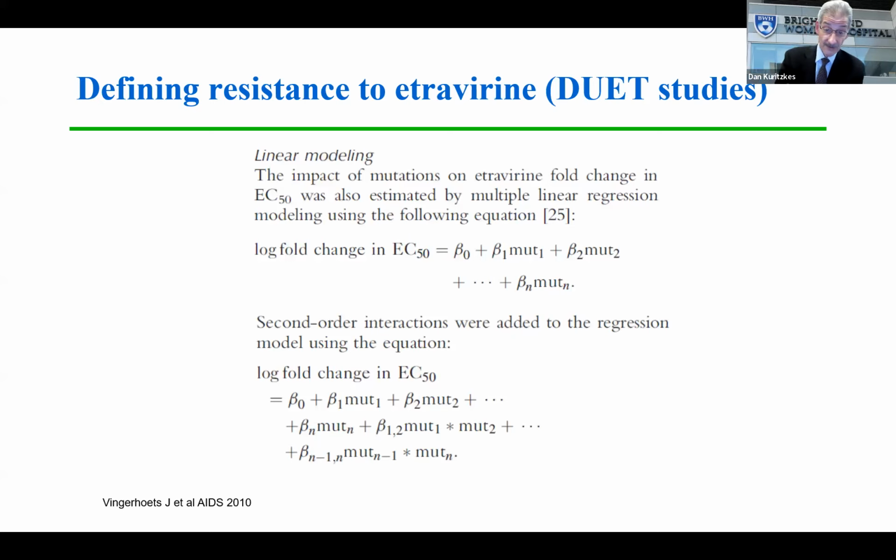Now, the approach that's typically been taken to try to identify which mutations are important and what fold resistance is clinically significant has involved some very complex regression modeling, as was done for etravirine in the DUET studies. And I show this slide only to indicate that these exercises are not for the faint of heart.